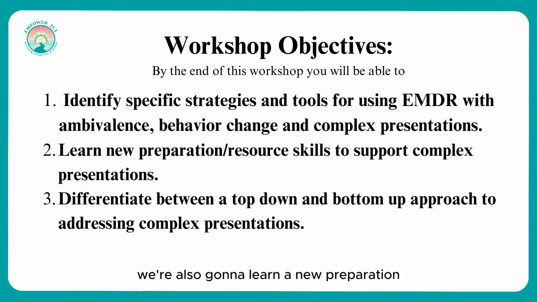We're also going to learn a new preparation resource skill called SHIELD to support complex presentations. And we're going to also help you differentiate between a top-down and a bottom-up approach to addressing complex presentations. So by the end of this workshop, you should be more familiar with these different objectives and what we mean by them.